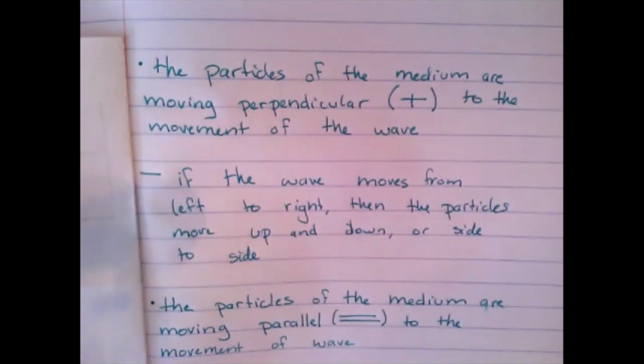If you have a wave moving along the length of a box, then the particles can either travel along the depth of that box or the height of that box. Remember, it's a 3-dimensional world. We've got six cardinal directions: up and down, left and right, front to back.